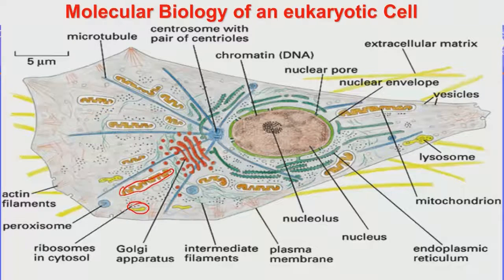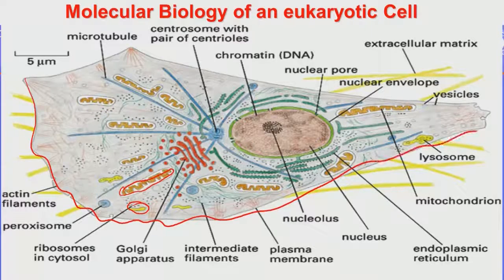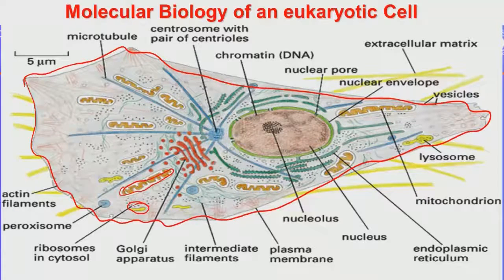Now, other thing very important is that you see that very regular type of cell membrane structure. Although it is shown in such a simplistic manner in this particular cross section slide of the animal cell, in reality the cell membrane is very important, and in eukaryotic cells it is a double layered structure.